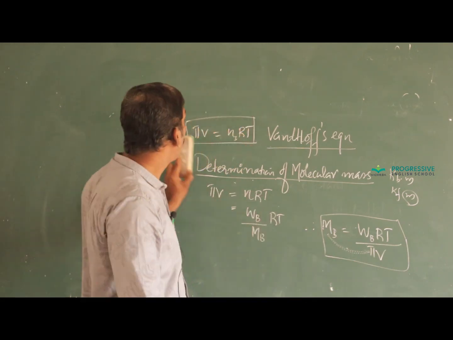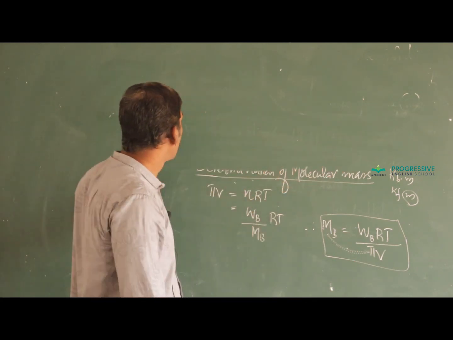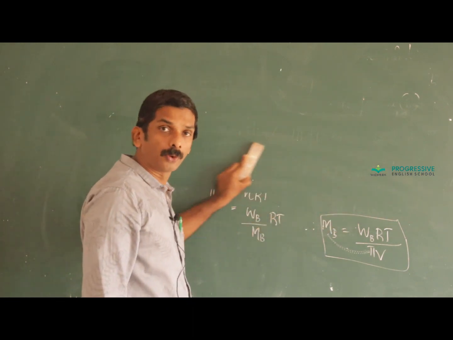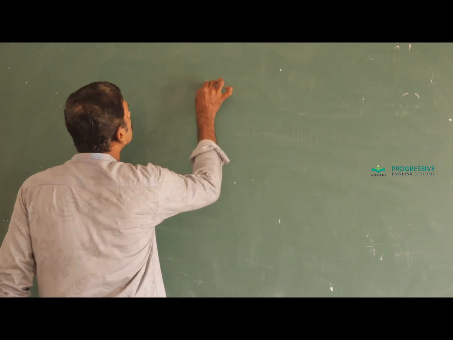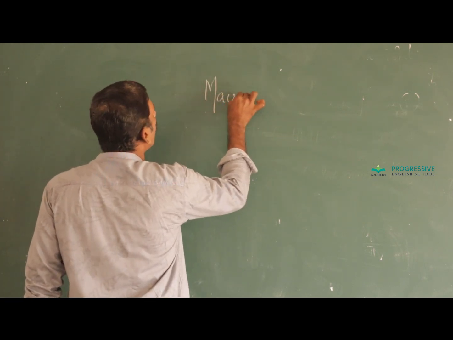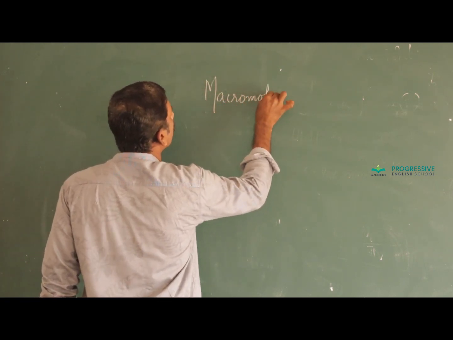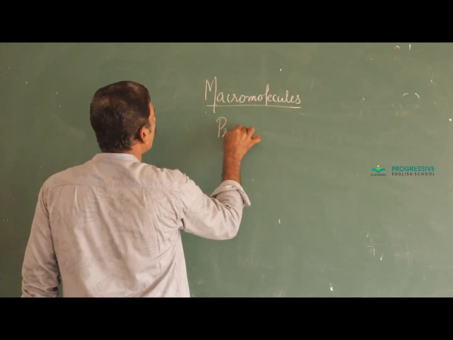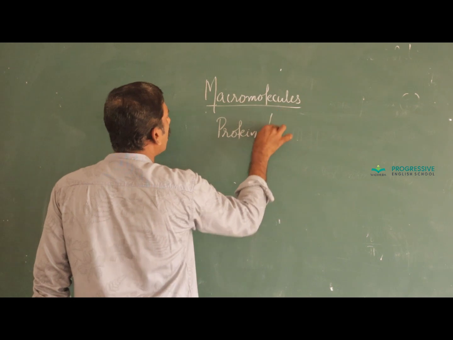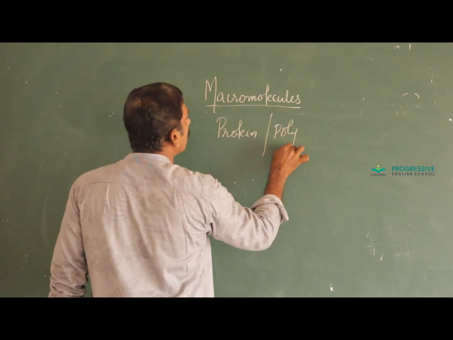Therefore, the osmotic pressure method is used for the determination of molecular mass of macromolecules such as proteins, polymers, etc.